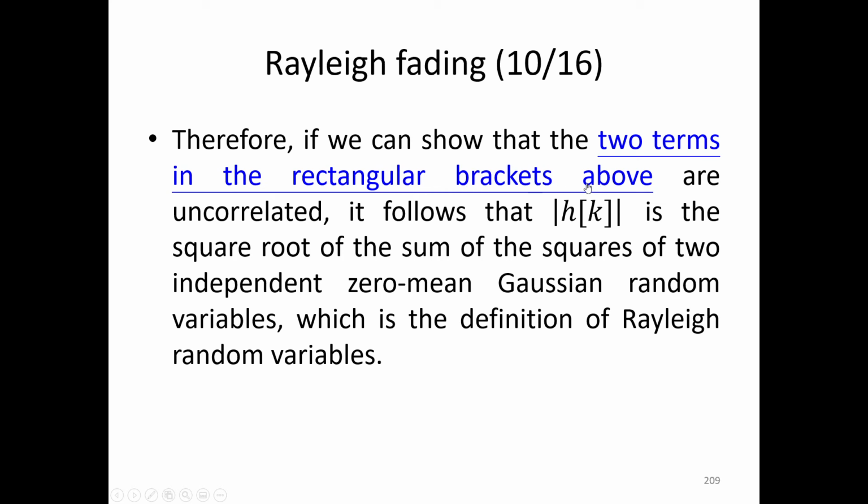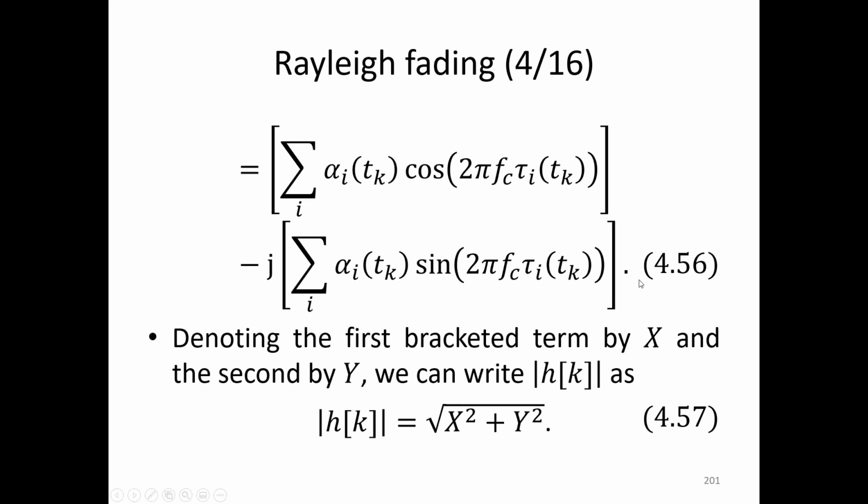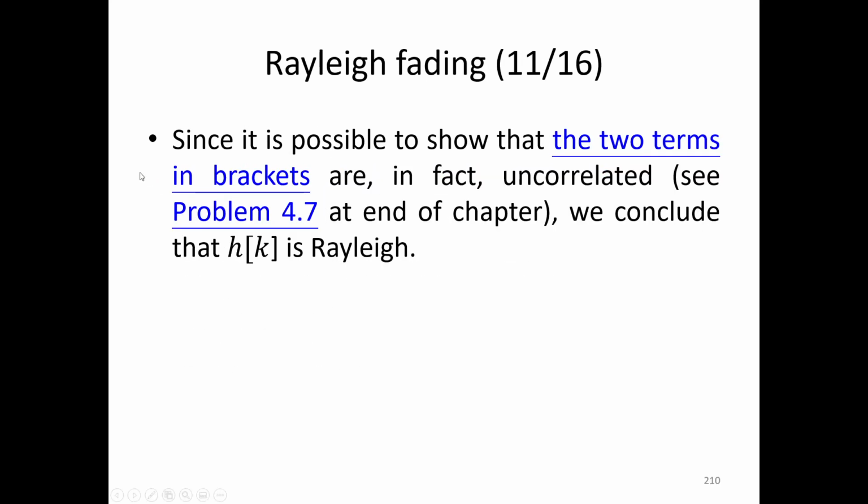好，现在让我们来复习一下呢，以上所讲的方括号里面的两项指的是什么？OK，on page 201 在201页，this term 这一项，and this term 以及呢这一项。Since it is possible to show that the two terms in brackets are, in fact, uncorrelated, see problem 4.7 at end of chapter.